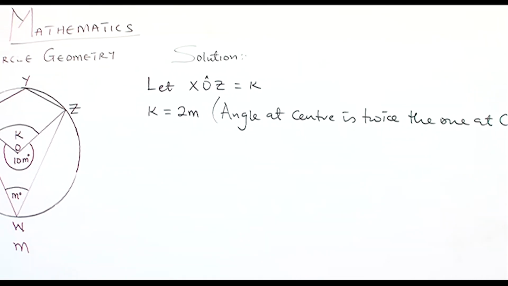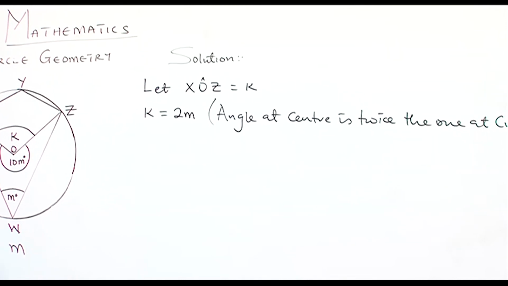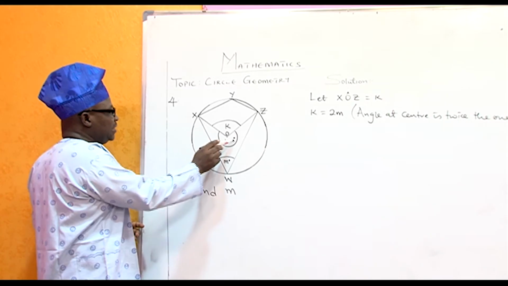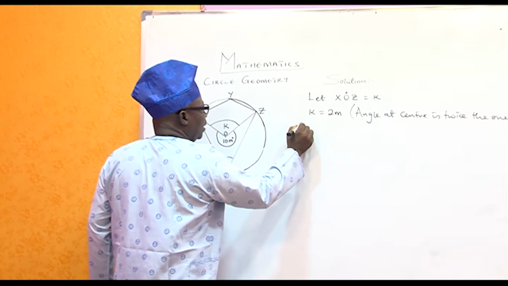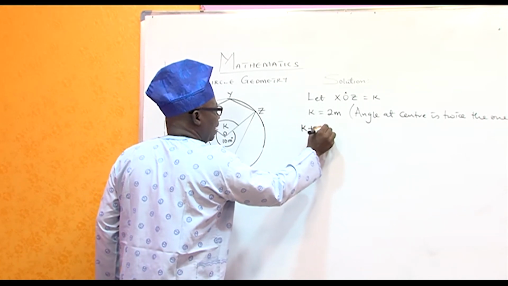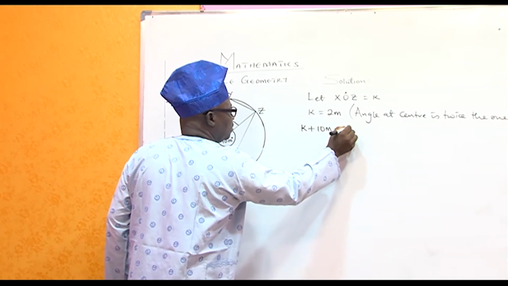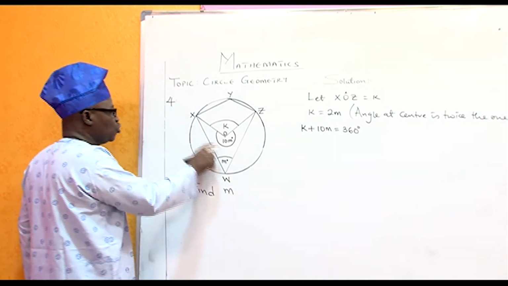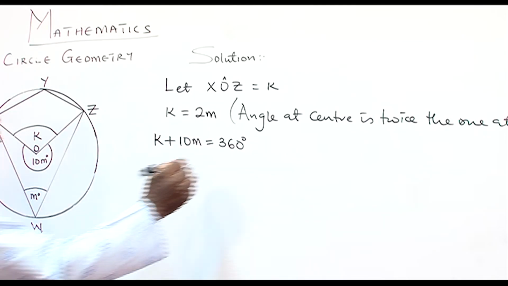So K is 2m. Now, there's a relationship between K and 10m. K plus 10m is going to be 360. That is sum of angles at a point.